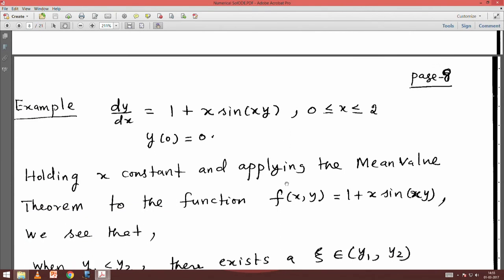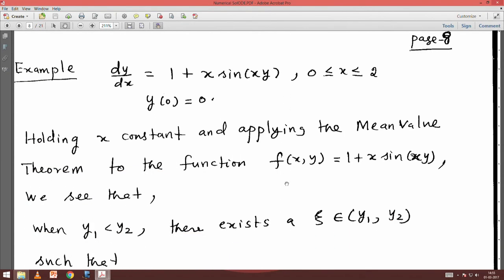So, let us consider an example. Say dy by dx is 1 plus x sin(xy) for x lying between 0 and 2 with y(0) equal to 0. I would like to check whether the function f of x comma y satisfies a Lipschitz condition. So, I would like to find what is f_y.